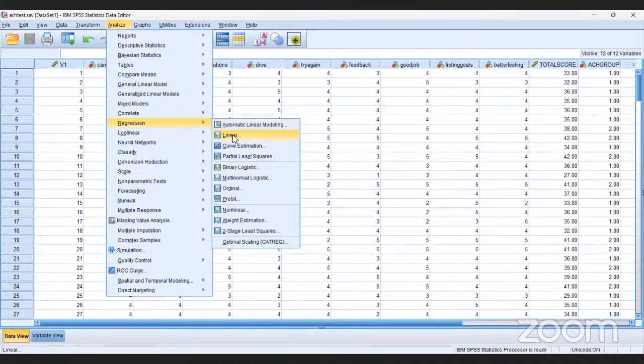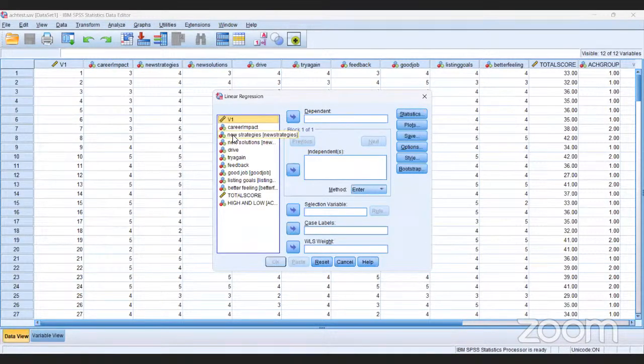Next is Linear. Okay. So my dependent variable is total score. And my independent variables are these.